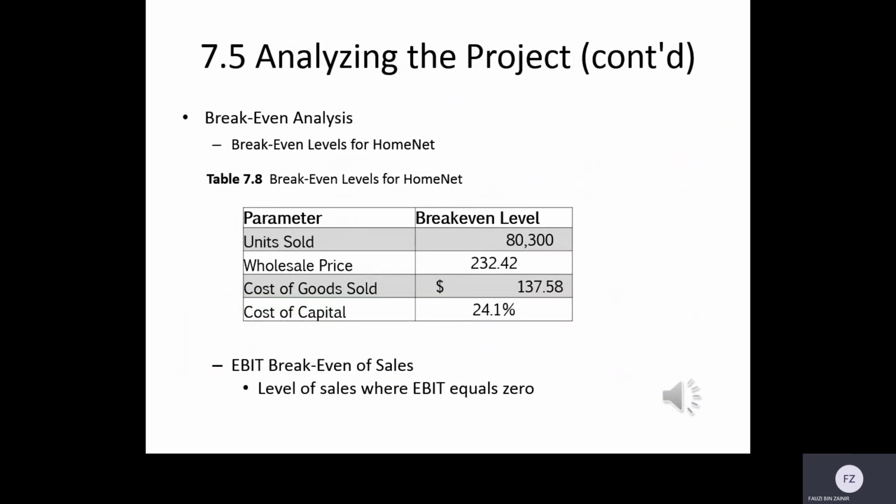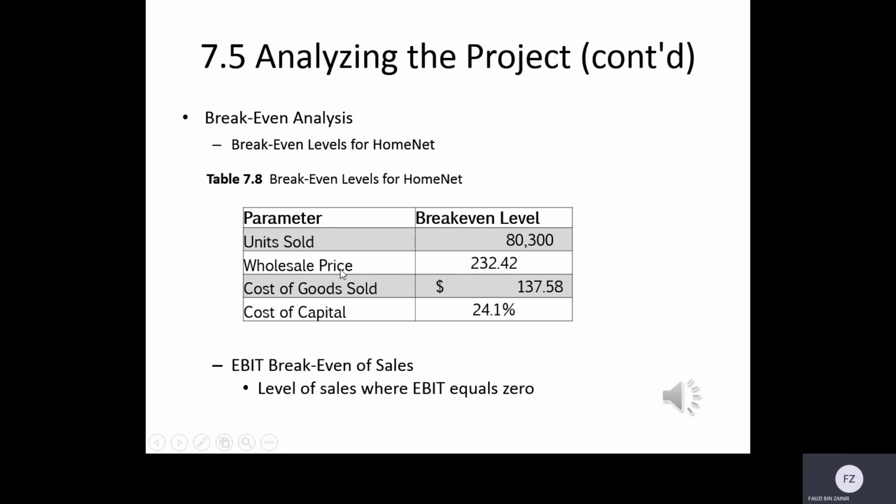If you look at this break-even analysis, we find where the NPV is 0. So when NPV is 0, what are the variables that we can change, given that all other variables remain the same? In other words, if we change the first one, the units sold, and decrease it to 80,300, the NPV will be close to zero.